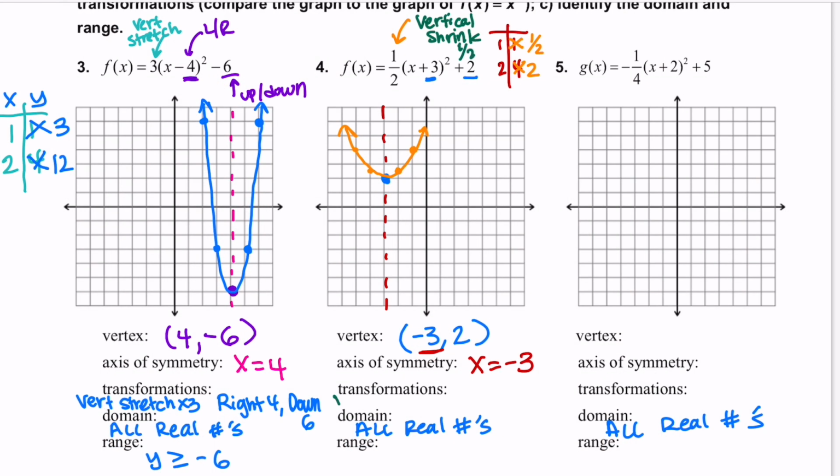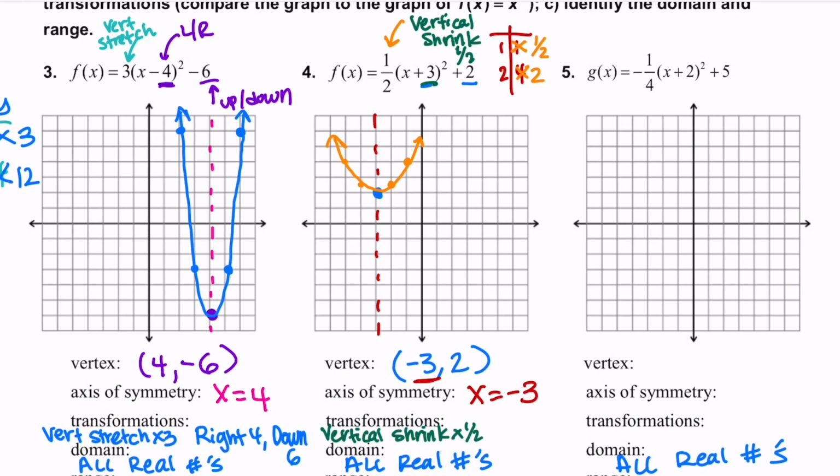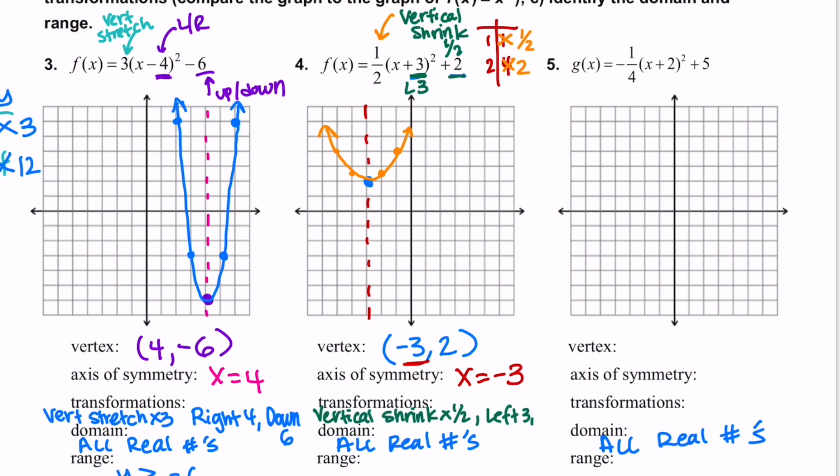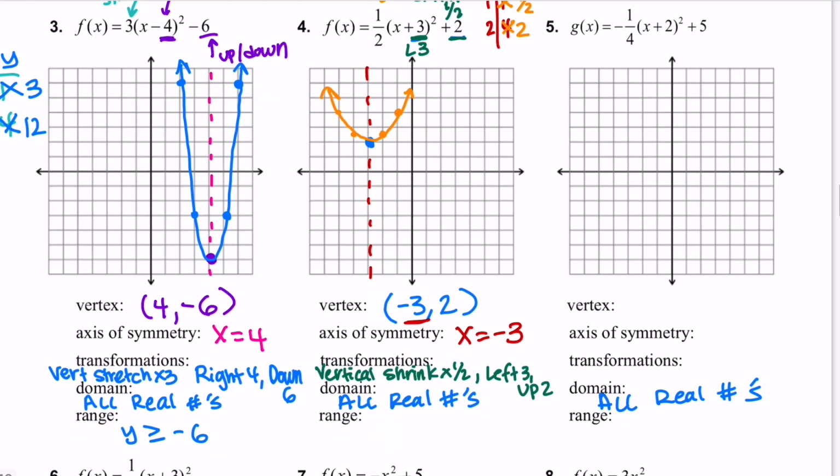So we're going to put that on transformations. Then we have this +3, that made it go left 3. And then the +2 has us go up 2. Range, we start at the 2 and go up. So it's the y is everything greater than or equal to 2.